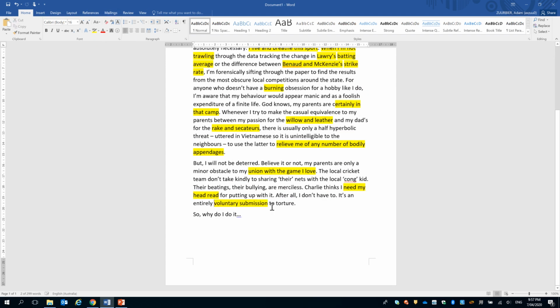All right, so why do I do it? Ellipsis. So this is where you need to start to write. Why does he do it? Why does he continue to put up with it? We know that he loves the game, but what is it about his personality that does not deter him from going down to those nets and putting up with that awful bullying that he is subjected to?